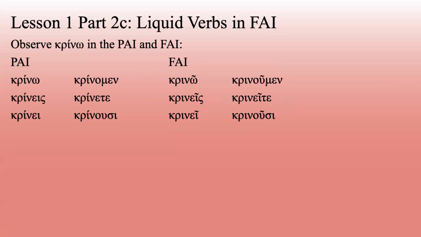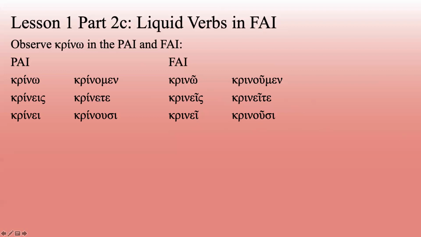Now, what is different from what we would expect? Hopefully you notice the first person plural and second person plural have a slight difference in the vowel. Okay, we said that either the vowel would lengthen, it would get a circumflex, or both. Omega was already a long vowel. A diphthong was already a long vowel. So those couldn't lengthen. Omicron, however, is a short vowel. So is epsilon.